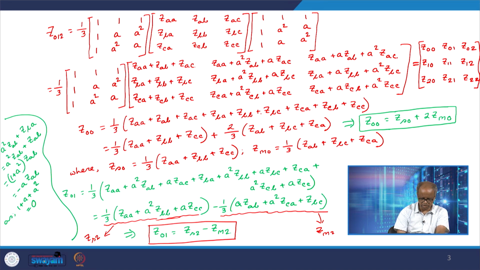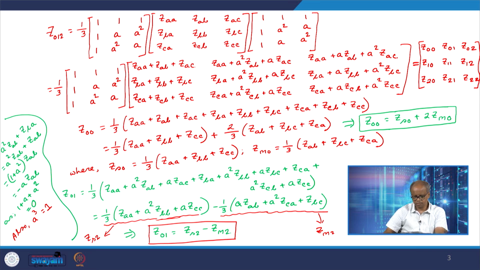Please note here we are also using the fact that A cube is equal to 1, right.